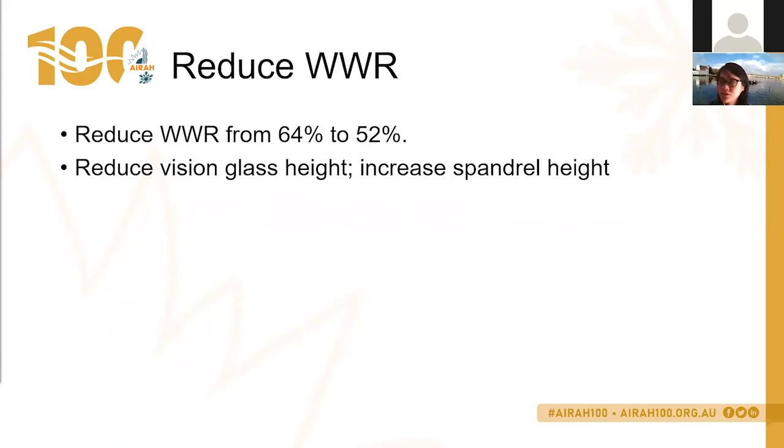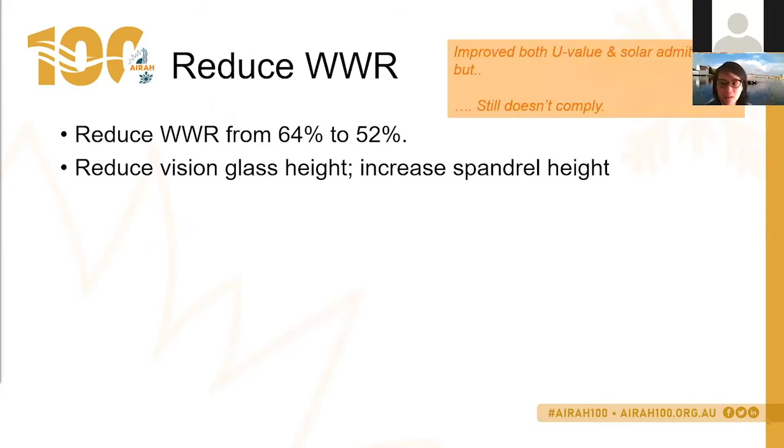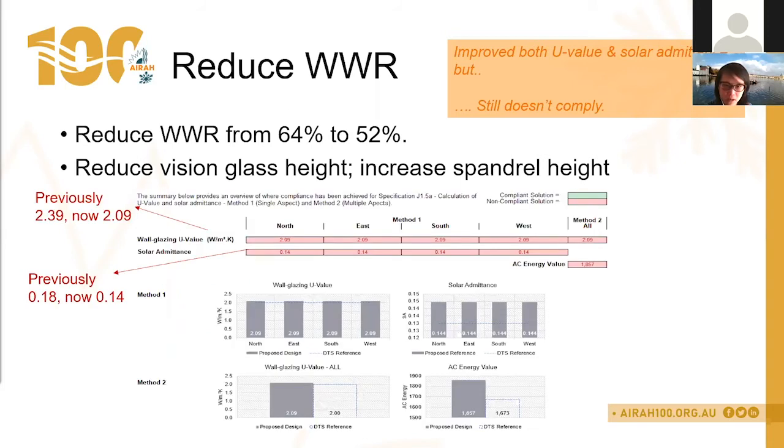We tried to reduce the window to wall ratio from 64% to 52%. Effectively, what we did was we reduced the vision glass height and then just increased the amount of spandrel. Sadly, while we have reduced the window to wall ratio by about 10%, and improved both our U value and solar emittance values, it still doesn't comply.